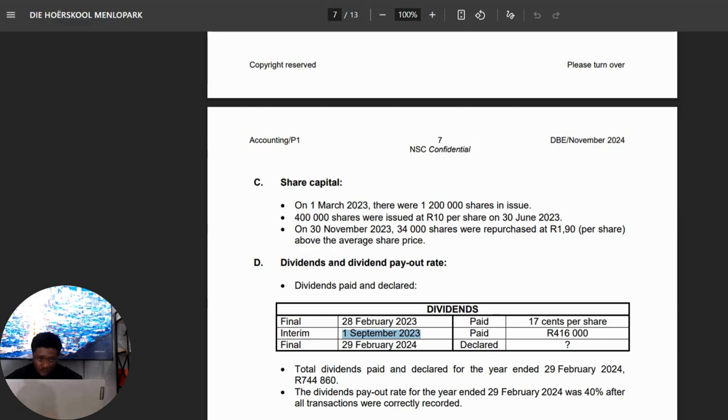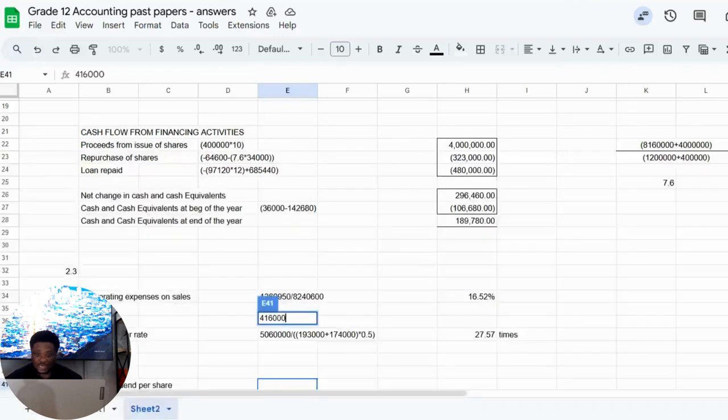And how many shares were in issue on 1 September 2023? Well, we had 1.2 million at 1 March 2023. Then on 30 June, we added 400,000. And then this repurchase occurred before 1 September, so we want to subtract that 34,000. So then that means that we basically had 1.6 million shares, which is 1.2 million plus 400,000.